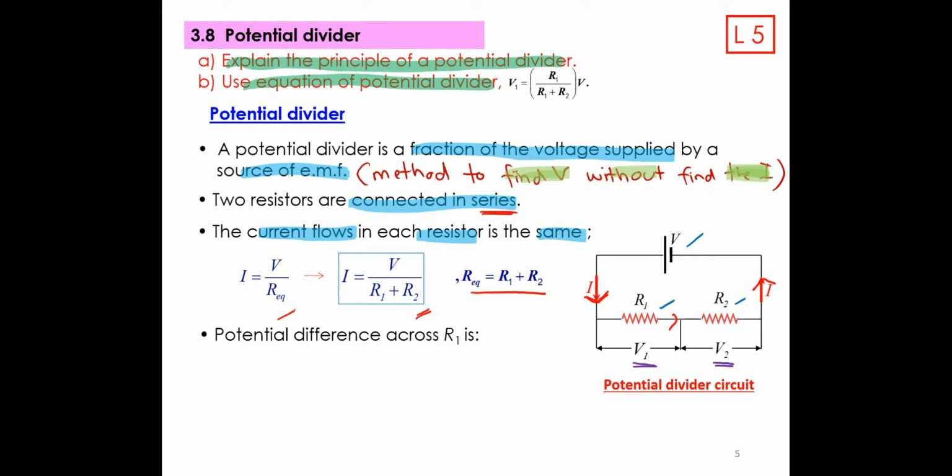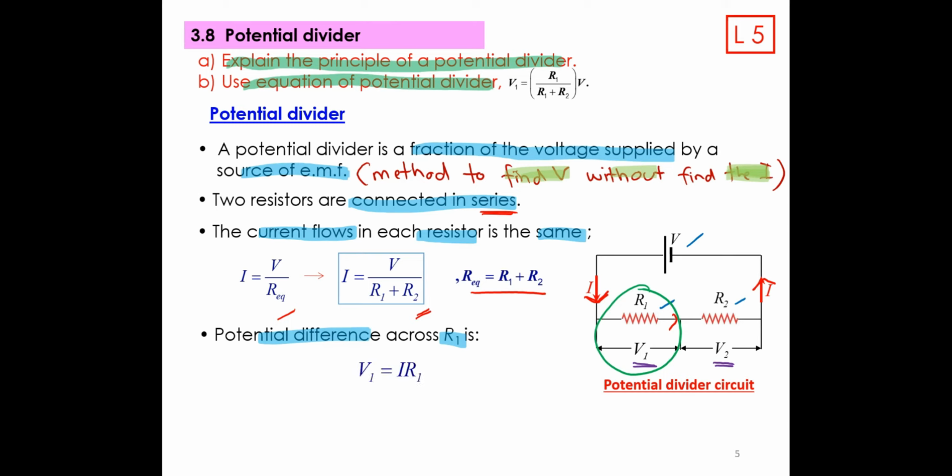If you want to find the potential difference across R1, we need to find the V across this resistor, resistor 1.